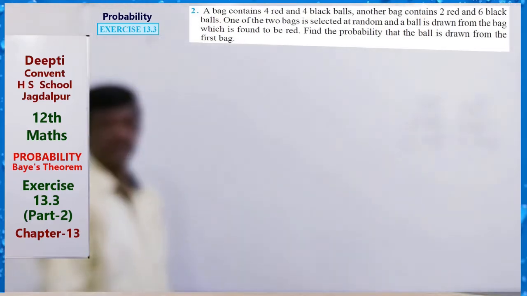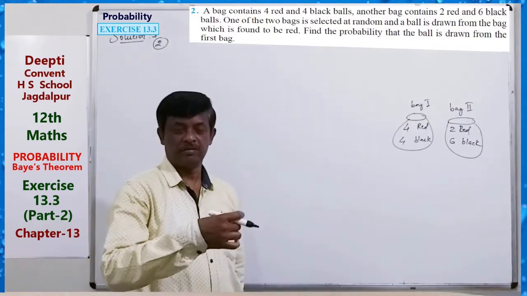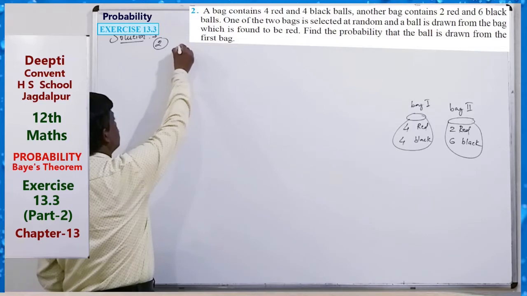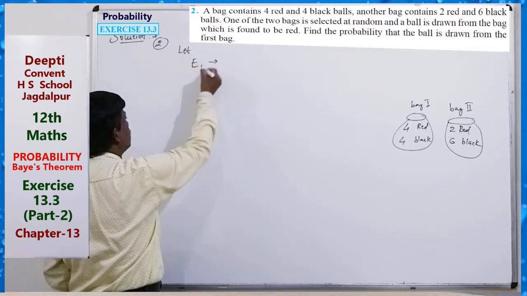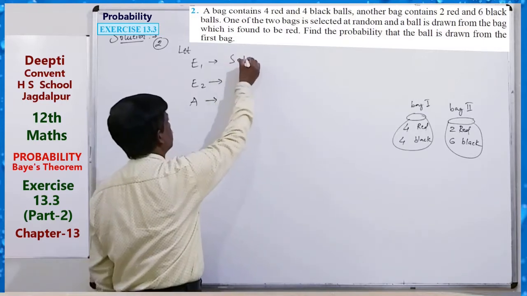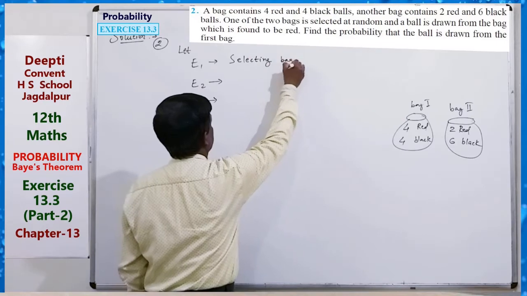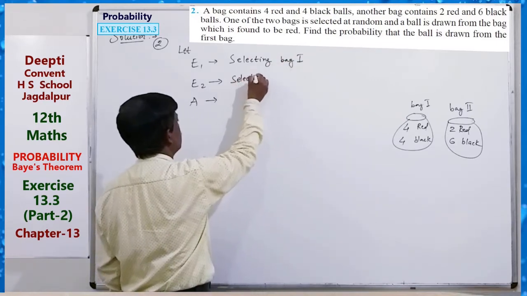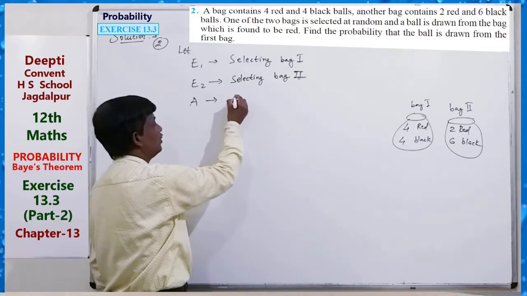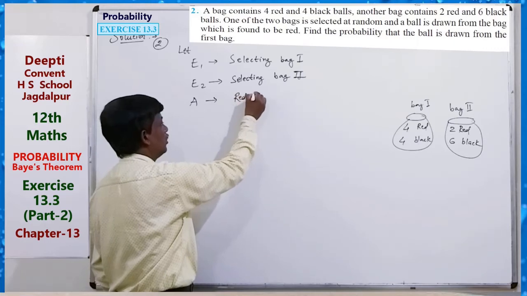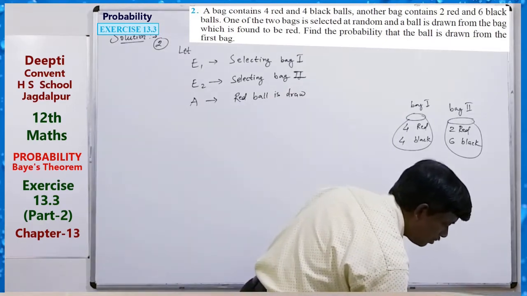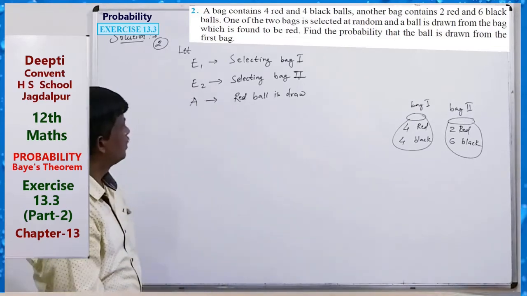Two bags are there, and we have to denote the events E1, E2 and A. Let E1 be selecting bag 1, E2 be selecting bag 2, and A be a red ball is drawn.